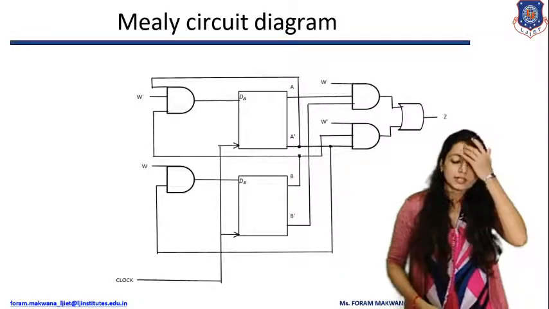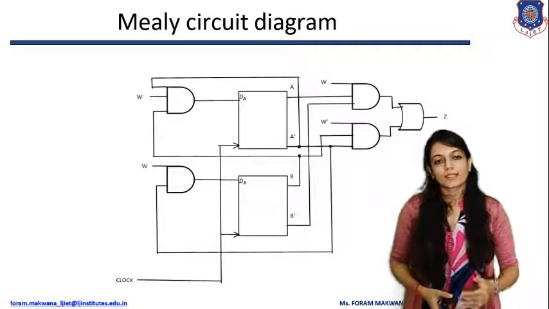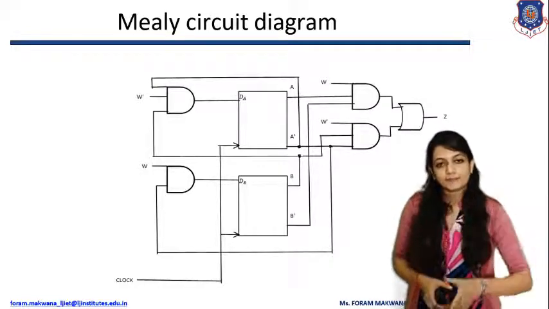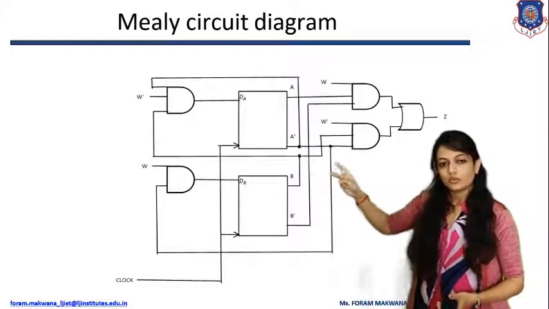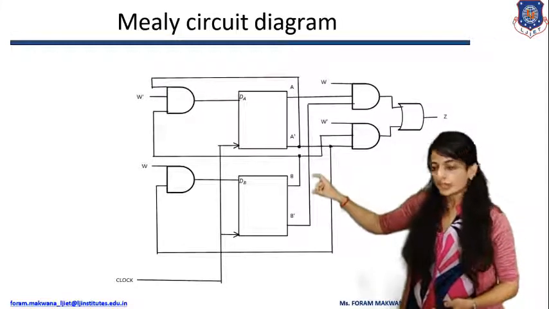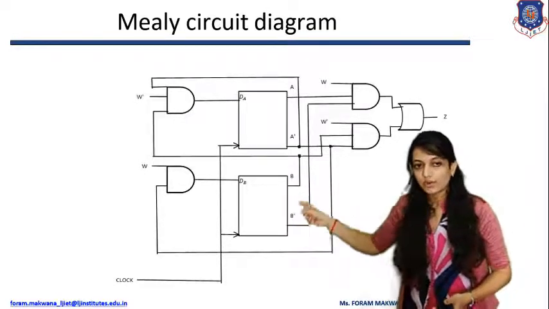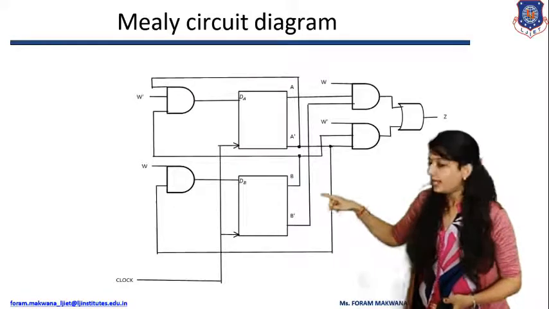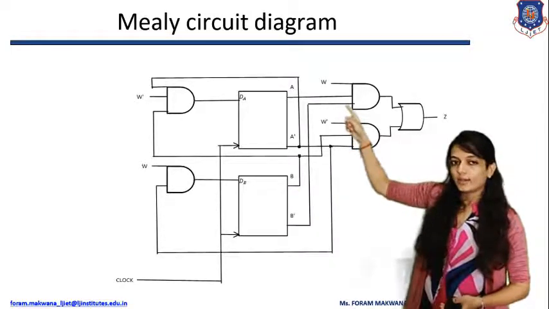Right? Now for DA and DB, we know that A dash W, that means AND. Okay, so we are placing the AND before the DB. So DB stands for W into A dash, and for DA, what is the output?